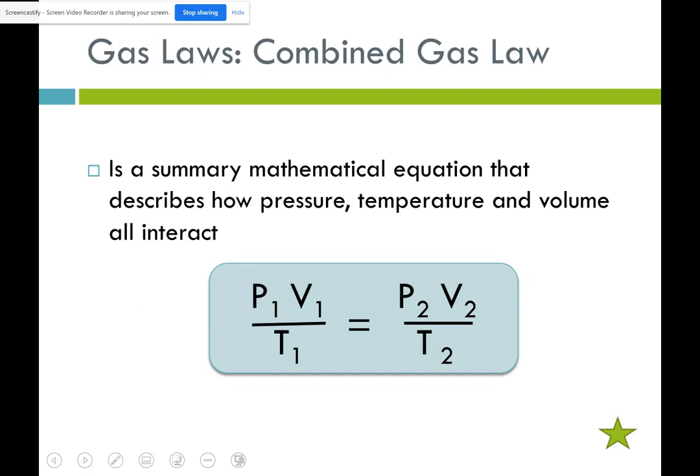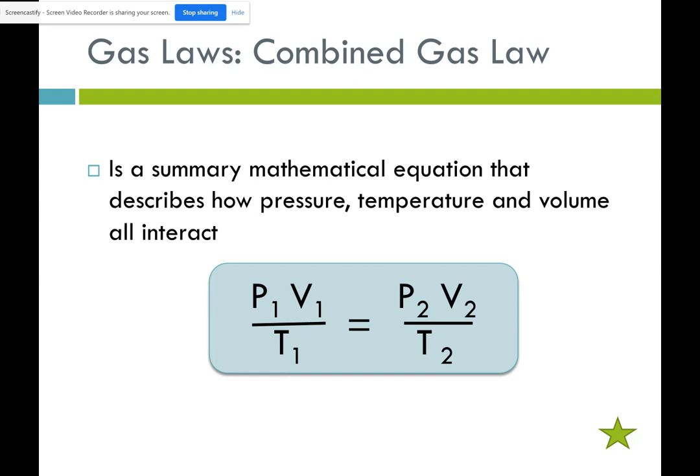Now, that may seem like a lot of formulas to remember. The good news is we can just remember the combined gas law, okay? And the combined gas law is more useful anyways, because instead of just looking at how 2 of the 3 possible variables can interact, it looks at all 3. So this is actually a summary gas equation that tells us how pressure, volume, and temperature vary together.